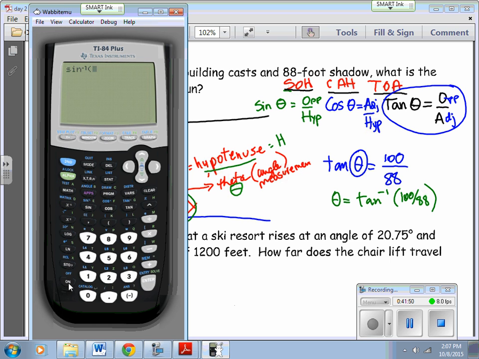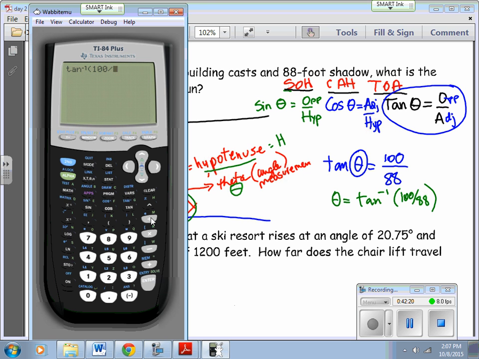So now you're going to get your calculator out, and we're going to type in tangent inverse. So we're going to clear the screen right now. So I want tangent to the -1 to be on the screen. So what button do you think I should press first? Second button? Okay, go ahead and do that. And then what button should I press next? Tangent. All right, do you guys get tangent to the -1 on your screen? Yep, all right. And then you should have 100 inside of it.